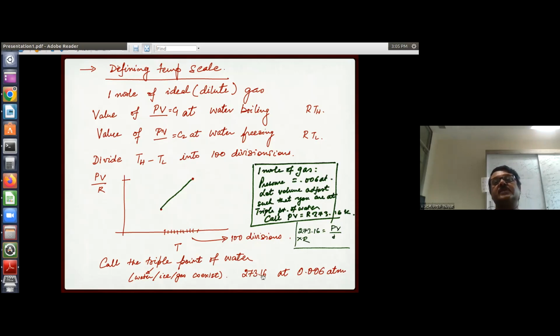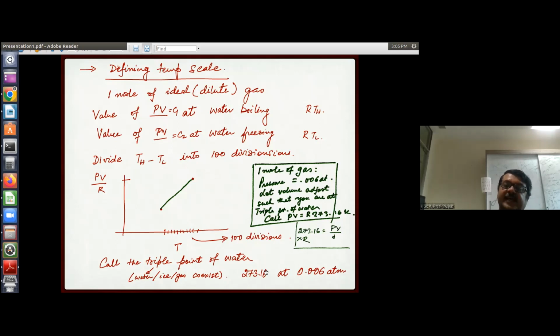Now, if you fix that arbitrary constant, call the triple point of water to be 273.16 at 0.006 atmosphere. Unless you adjusted the pressure as well, you wouldn't have reached the triple point. That's a unique point, for 1 mole of gas. So that comes out to be 273.16.